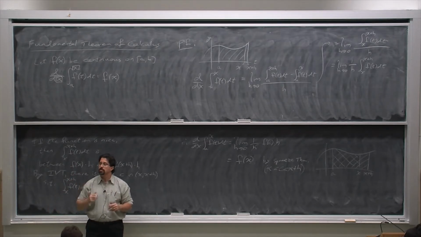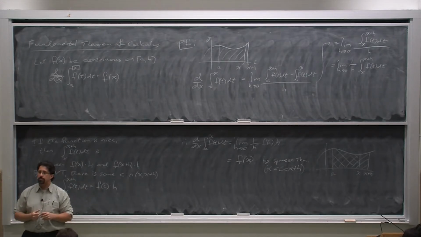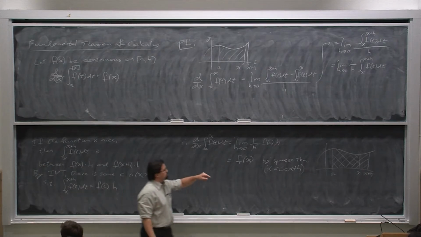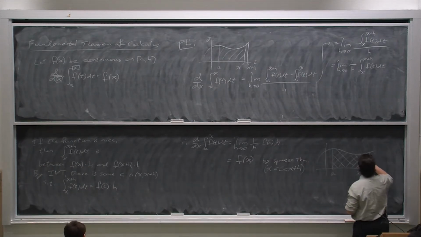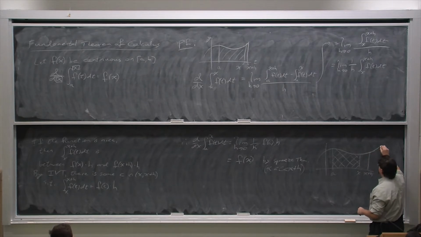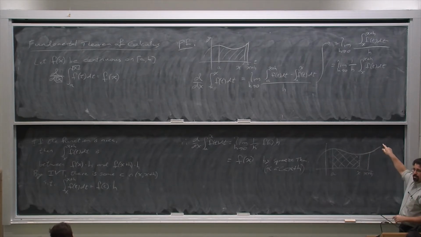Yeah. Can you explain again why we use the intermediate value? So the idea for the intermediate value theorem over here is, let's use the diagram over here because this one's nice. Let me clean this up a little bit. My function f is increasing.